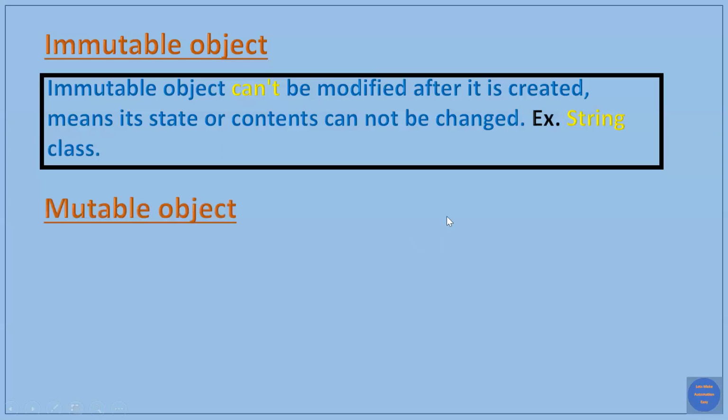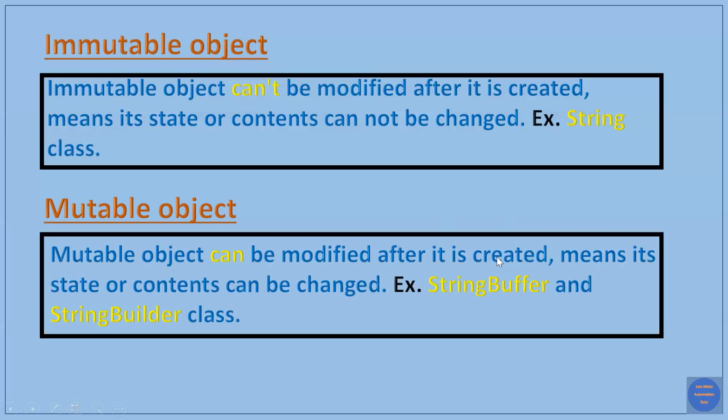Now the second thing is known as mutable object. So what is a mutable object? Just the opposite of immutable. If you have created any object in Java, and while creating the object you have assigned some values to the object or its properties, then after creating the object, in the next statement, if you perform some operation on it, for example concatenation, in that case the operation of concatenation will be applied on the same object.